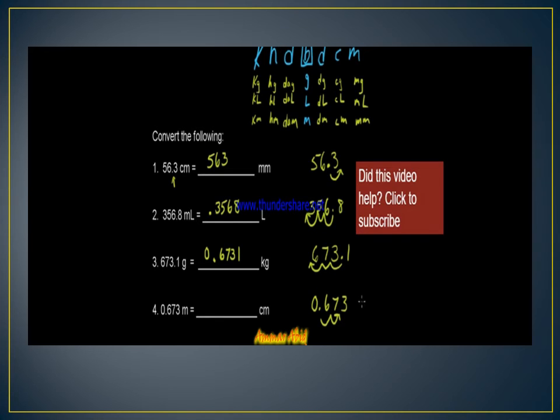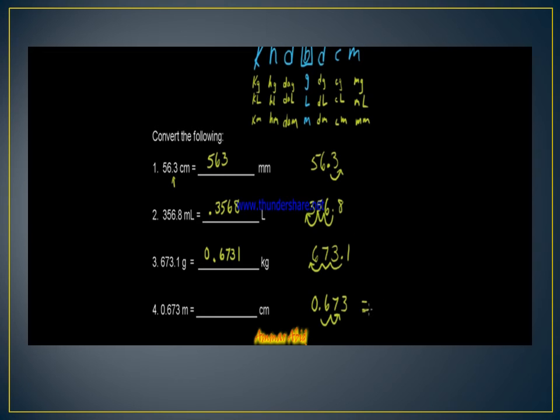This new number equals 67.3. Don't put that 0 there. That 0 goes away, so you don't need that. The 0 gets dropped out.